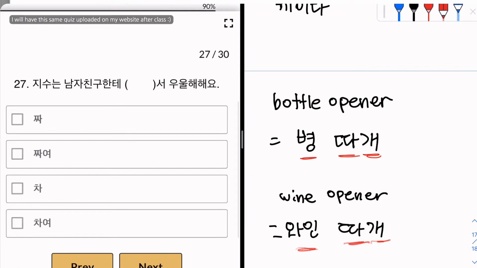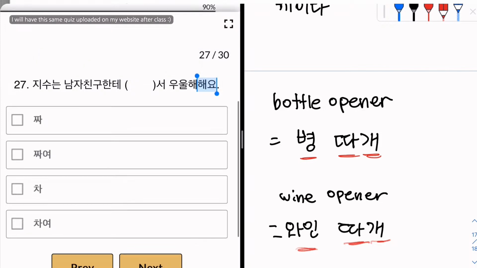Okay, next one, guys. 지수는 남자친구한테 blah blah blah blah blah 서 우울해한대요. So 우울하다 means to feel down, to feel depressed, to feel blue. And 하다 grammar is used to describe someone else's feeling, right?